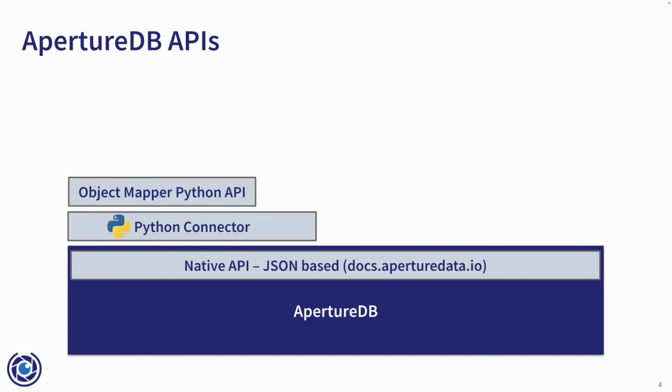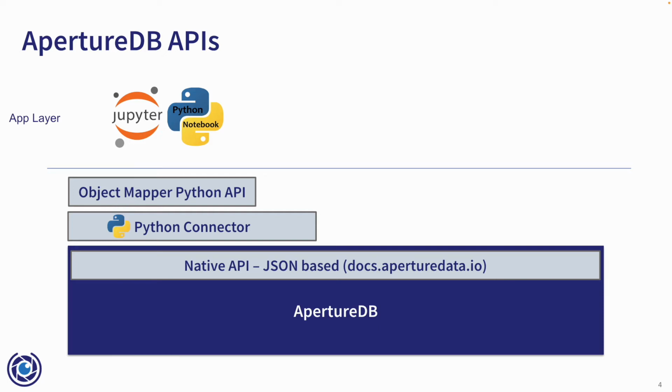And on top of some of those connectors, for example the Python connector, we have implemented an object mapper API that allows you to more easily interact with the objects on ApertureDB without having to write these native API queries. It's especially useful for writing your applications. If you're using Python or Jupyter notebooks, you can use any of these connectors or the object mapper API to interact with ApertureDB.